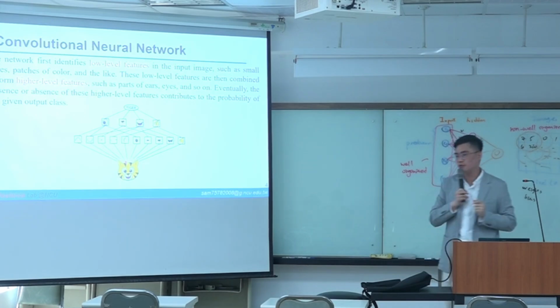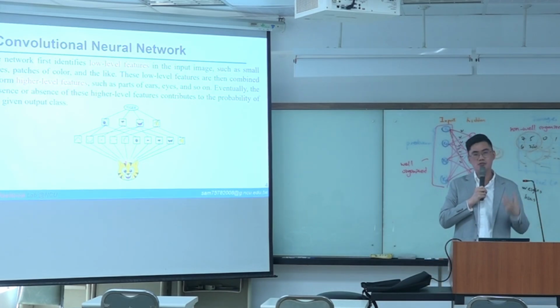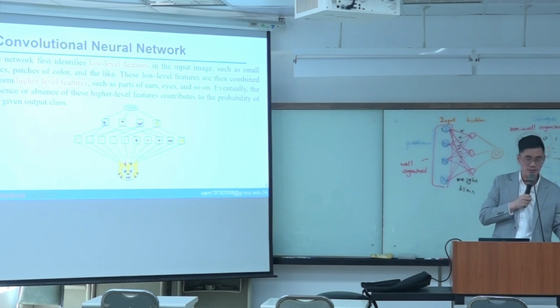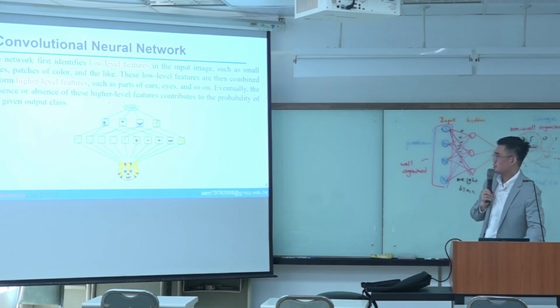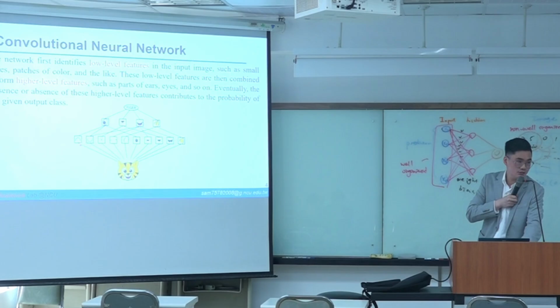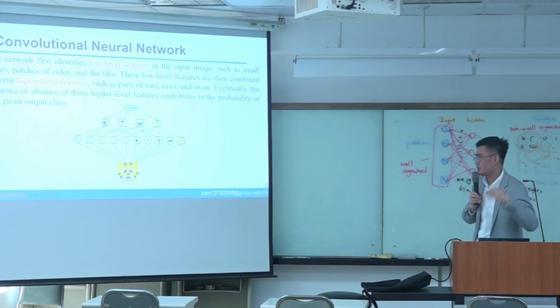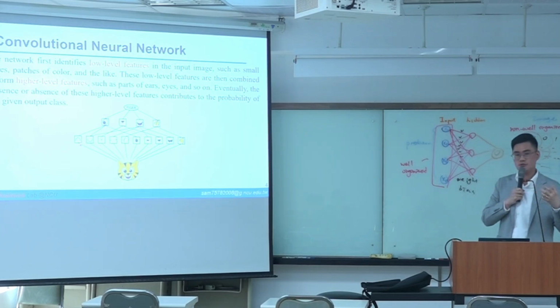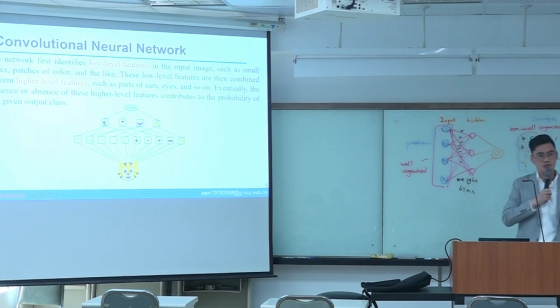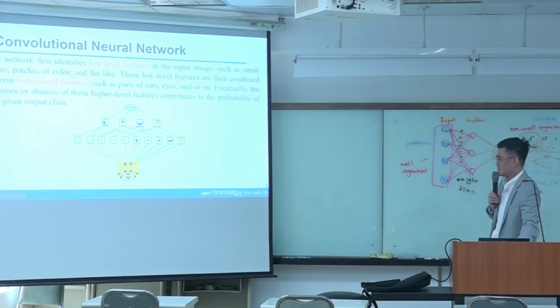But if you want to realize the underlying structures or relationships, then the CNN can help you decompose these images. When you start using the kernel, first you look at the lower level features, such as a curve, right?